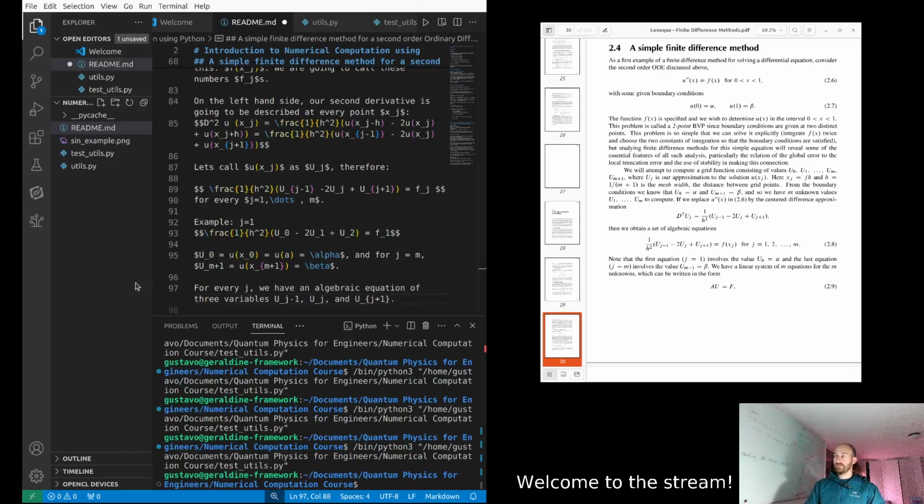So you can see that, if this is true for every j, the equations kind of overlap with each other, right? For j equals 1, the first equation involves u0, u1, and u2. For j equals 2, it involves u1, u2, and u3, so there's an overlap of u1 and u2.